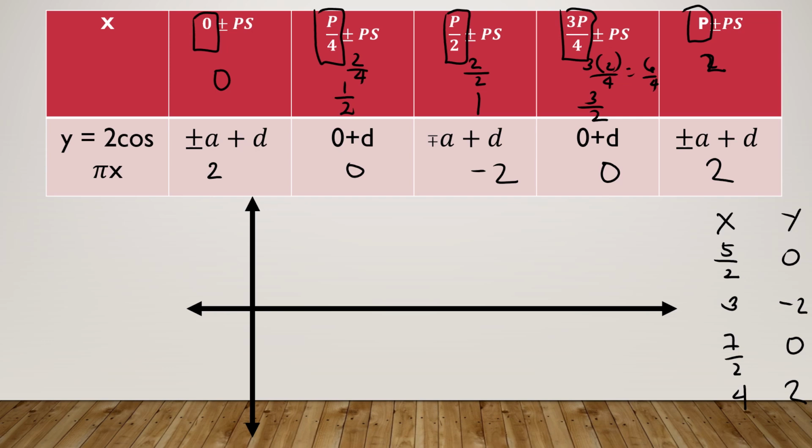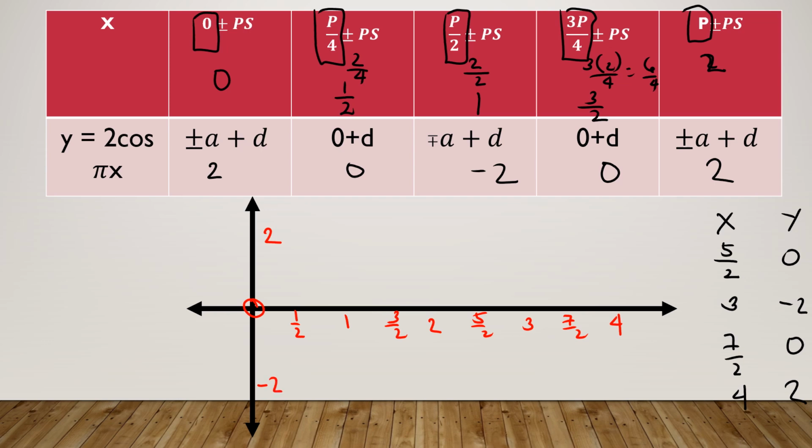Now let's write the values of x, which are 0, 1 half, 1, 3 halves, 2, 5 halves, 3, 7 halves, 4. After that, for y, we have 2, 0, and negative 2, 0, 2, and so on, following the pattern.